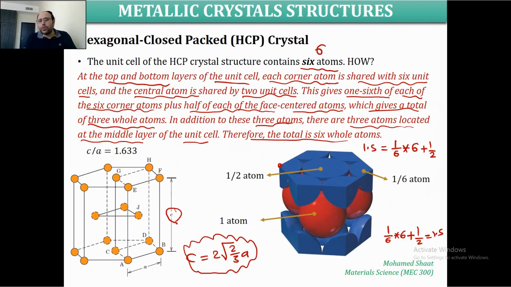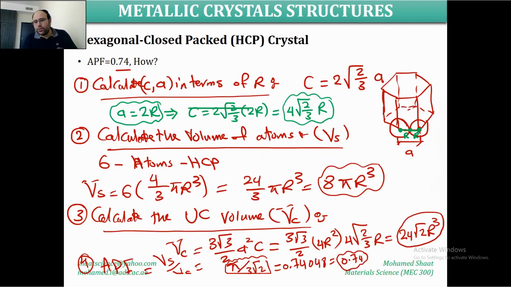That's why the 0.74 indicates that the atomic packing factor is the same for the FCC and HCP crystal structures. So what is common between these two crystal structures, HCP and FCC? They have the same coordination number of 12. They have the same atomic packing factor, which means 74% of the crystal will be filled with atoms.